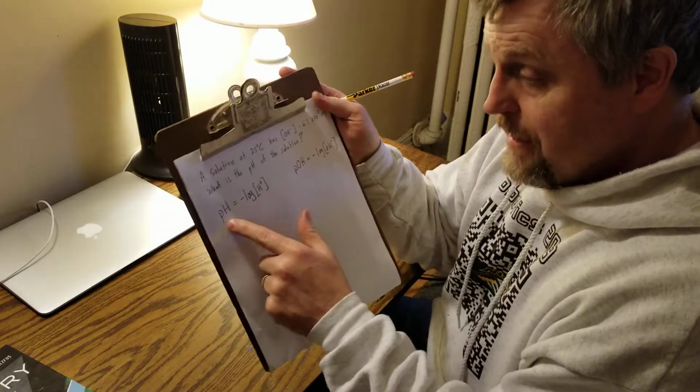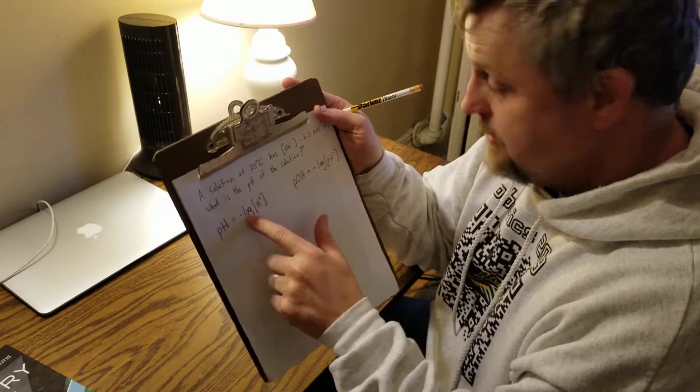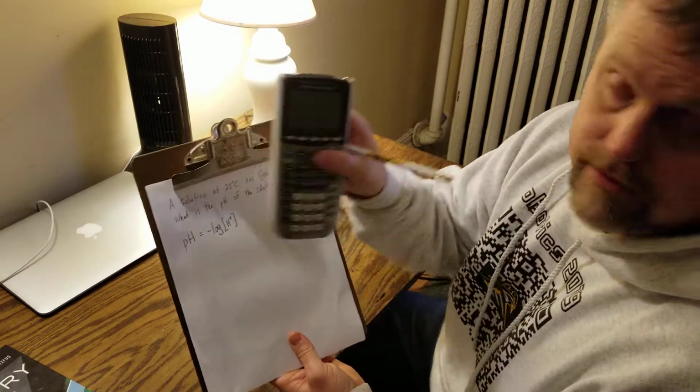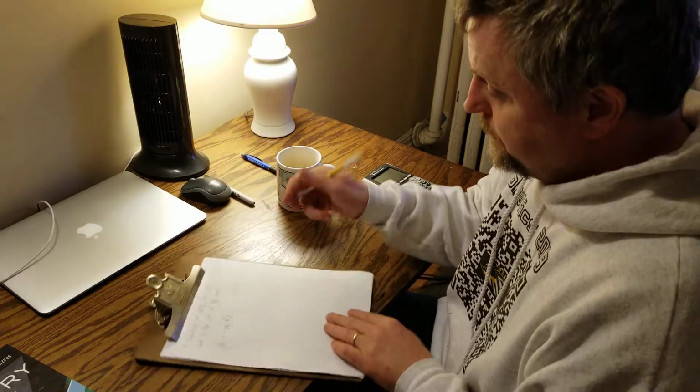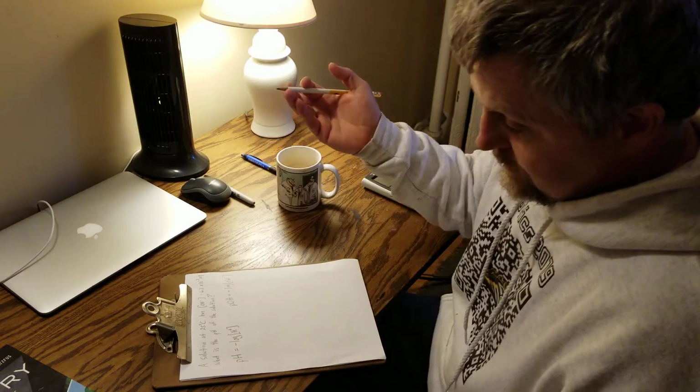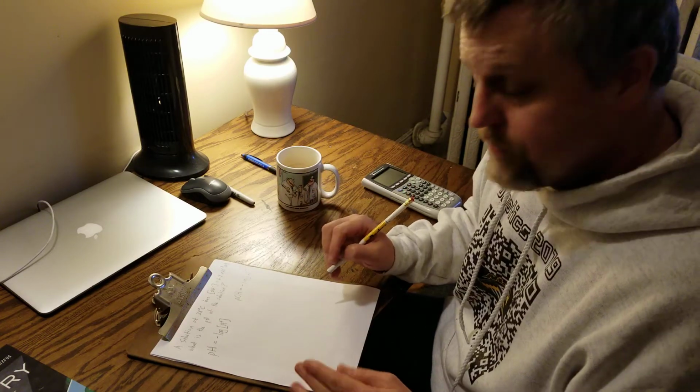But in order to get pH, we need to get to the hydrogen concentration and then use our calculator to do this. So that's what we're going to try to do for this example. There's two ways to solve this problem, and you can do it either way.